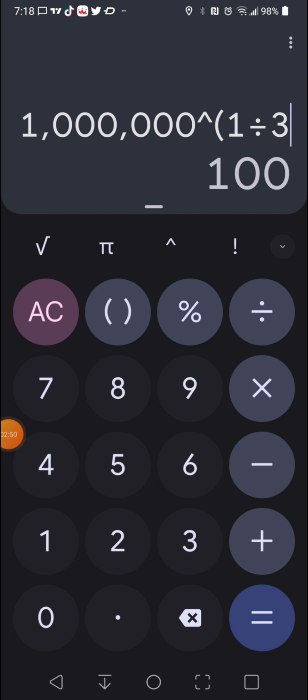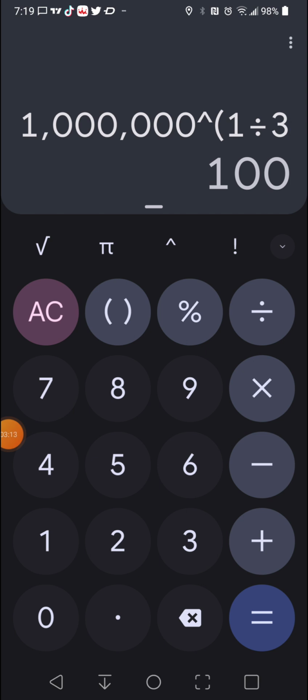If you count the zeros, 2 zeros times 3 gives 6 zeros: 1, 2, 3, 4, 5, 6. Because you have three times.